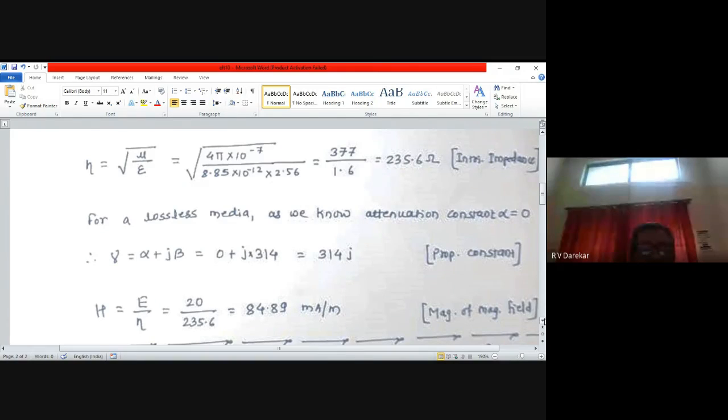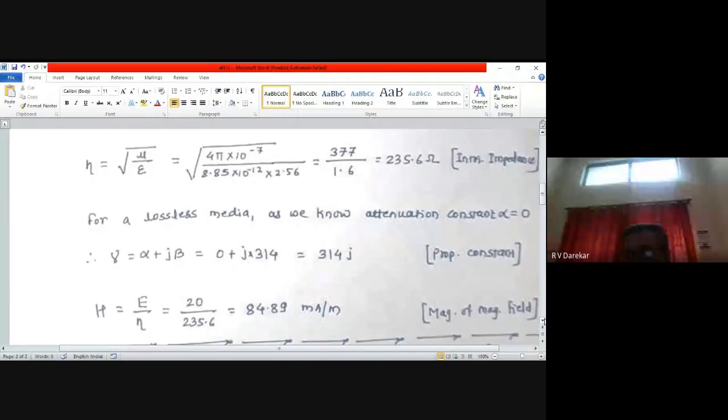That is a wave which is repeating itself after 2 centimeter continuously, can be imagined similar to a sinusoidal wave. And its H component is having magnitude 84.89 milliampere per meter. That is, if milli is added in the number value, it will be 0.08489, approximately 0.0849.